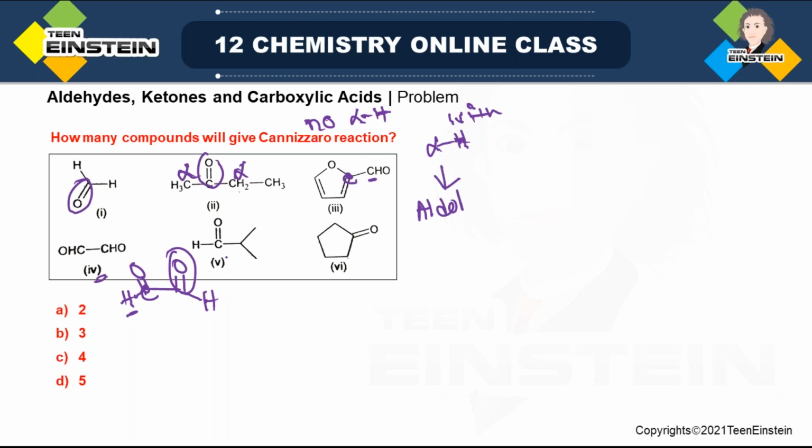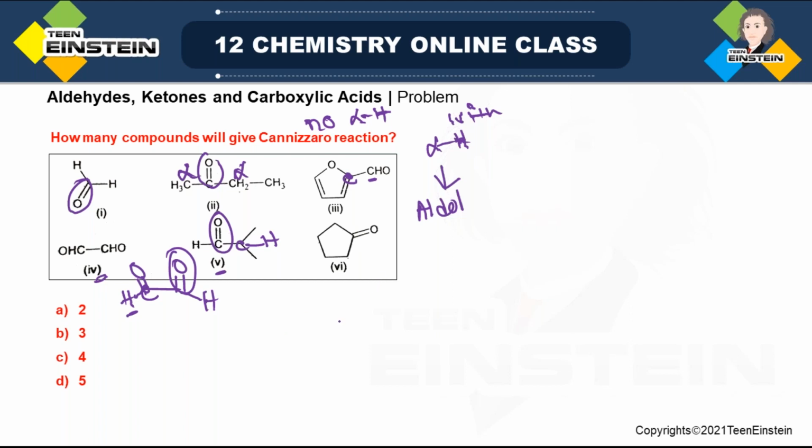Then molecule number 5, here with respect to CO, this carbon is alpha and here hydrogen is present. That means it can give aldol. Okay. And then molecule number 4.